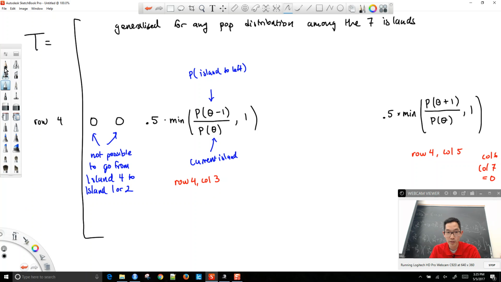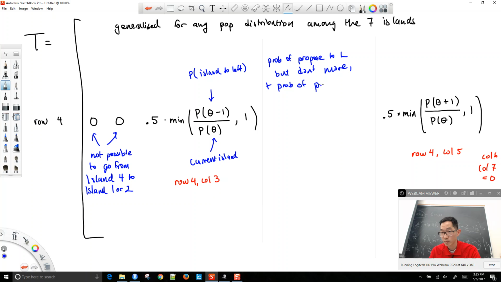can we draw a thin line to kind of separate here? Okay, so we've got, I will list this out. This is probability of propose to the left but don't move, plus probability of propose right but don't move.